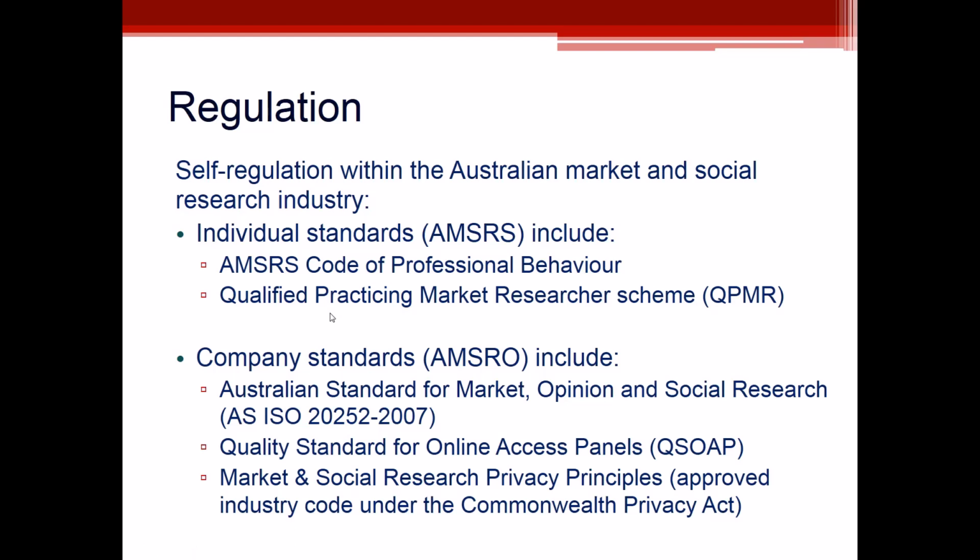In terms of companies, we've got the Australian Standard for Market Opinion and Social Research, the Quality Standard for Online Access Panels, and the Market and Social Research Privacy Principles, which is based on the Commonwealth Privacy Act. All of those are the frameworks which dictate the ethical principles that researchers have to accord by. So in general, there is a lot of regulation there and a lot of assurance that people are going to do the right thing.